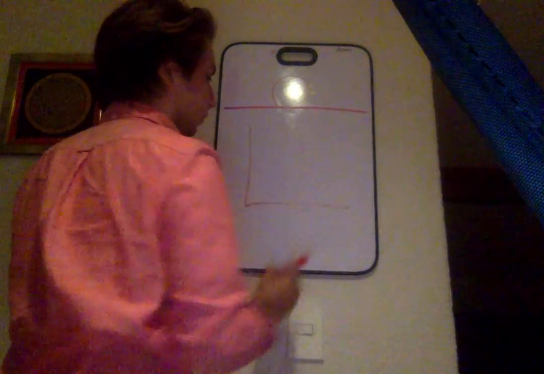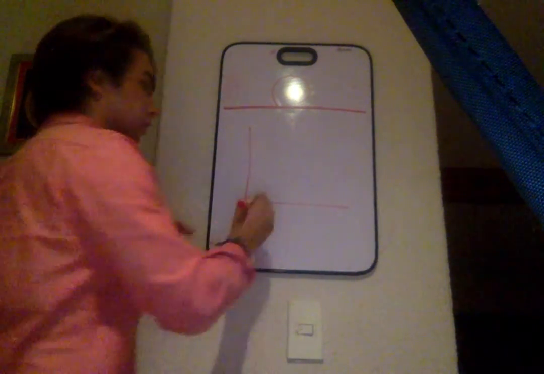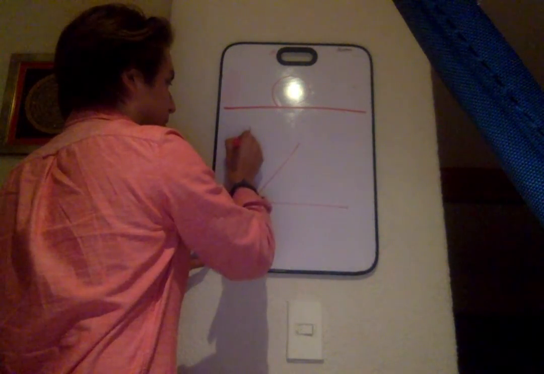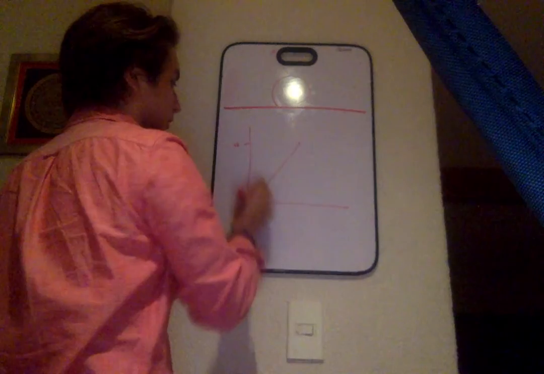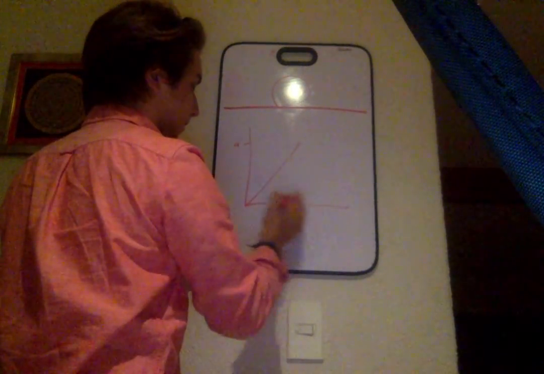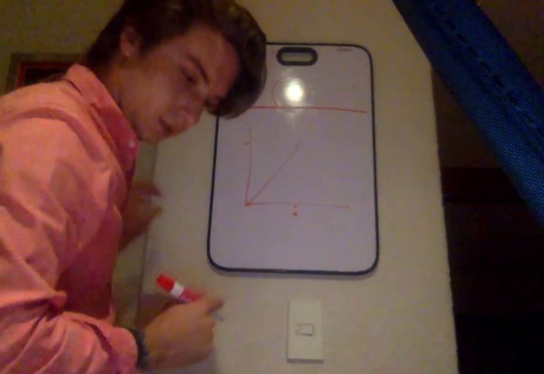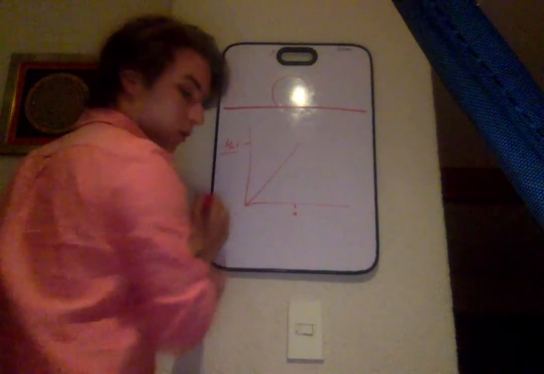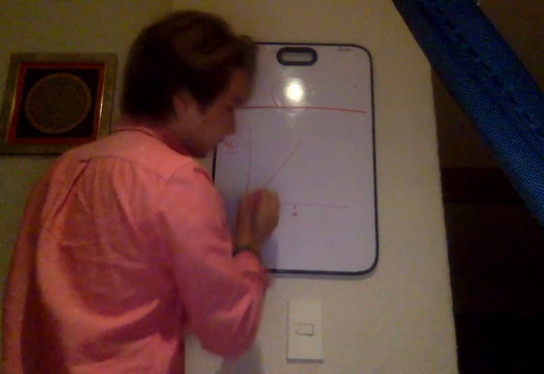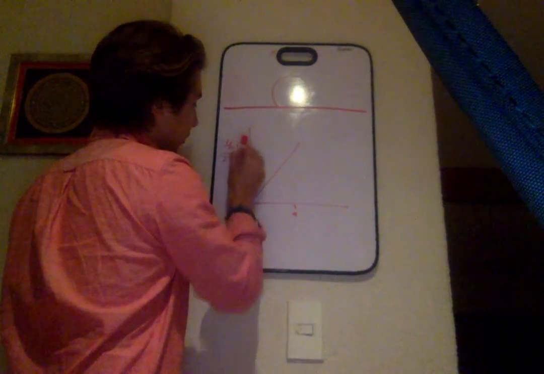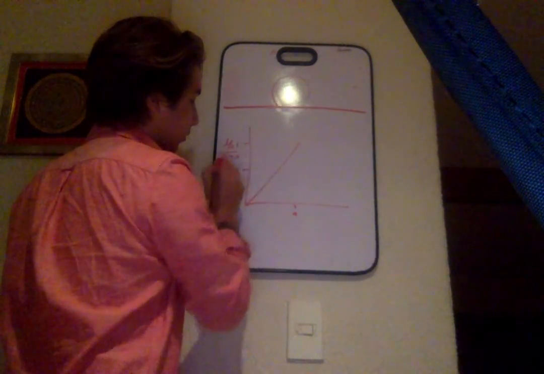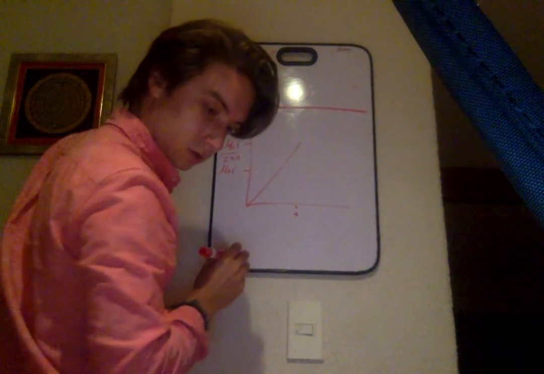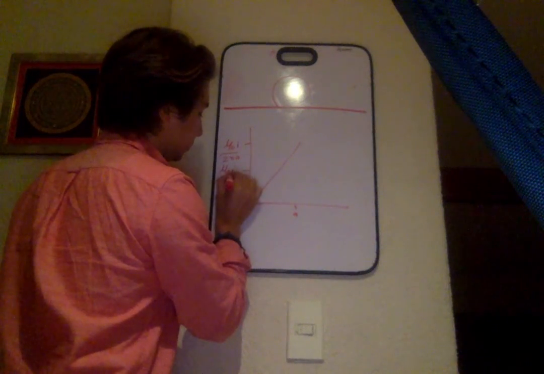And the last part of the problem is asking us to graph our distribution of magnetic field. So we will have something like that, and that would be point a, with mu naught I over 2 pi a. And then we'll have something like here, mu naught I over 2 pi b.